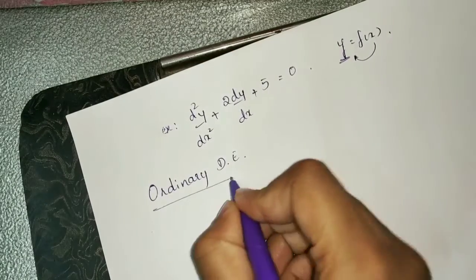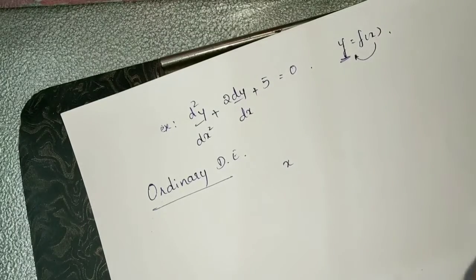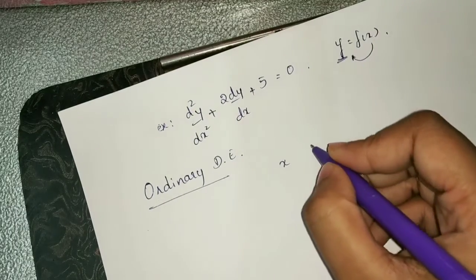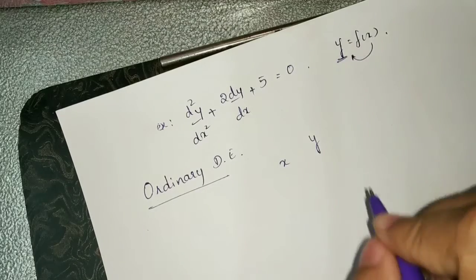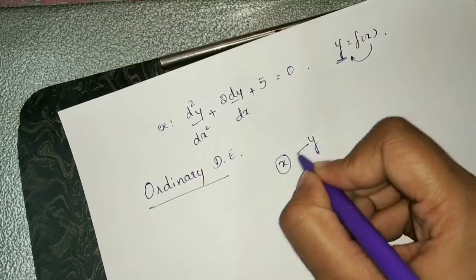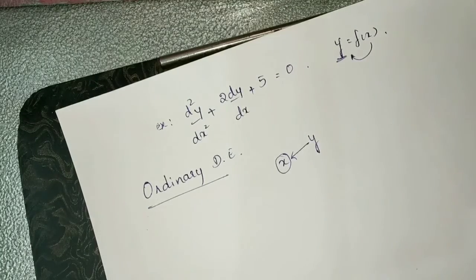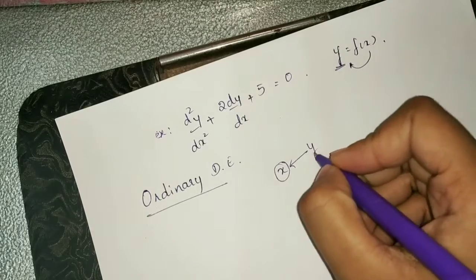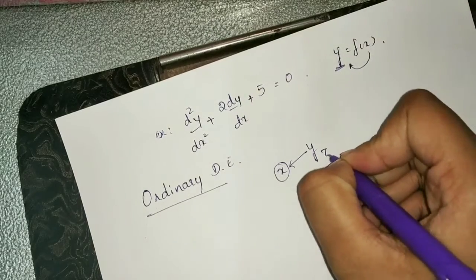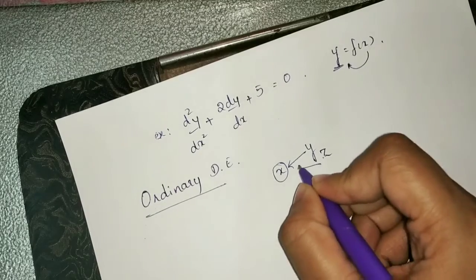For example, if you have a dependent variable y, and x is an independent variable, y is depending on x. Again, we take one more variable, z. Here z is again depending on x.